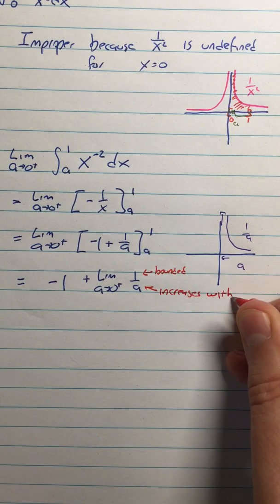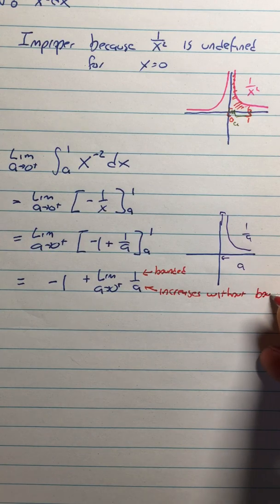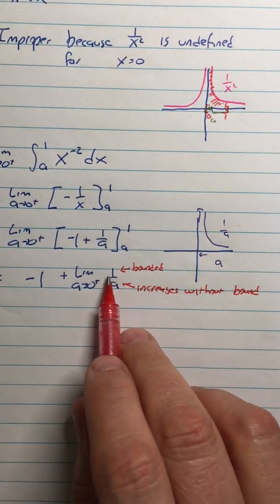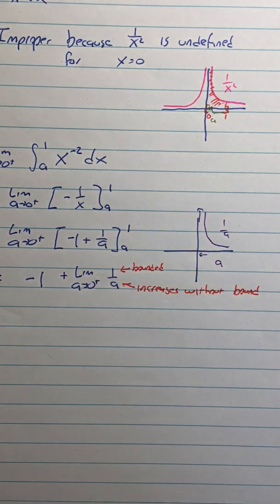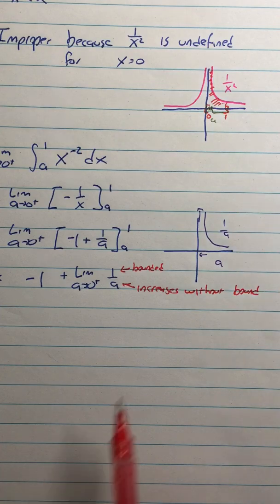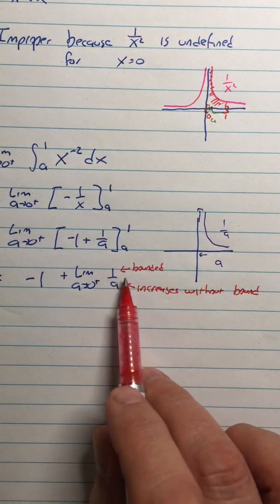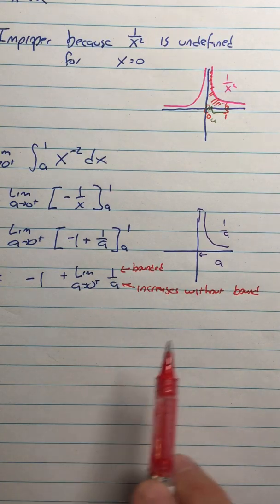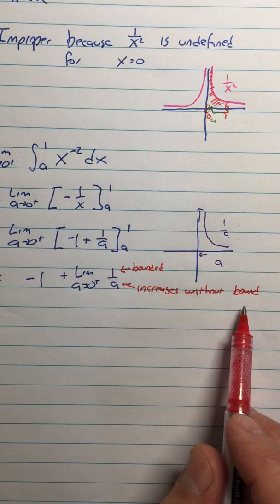That's a very fundamental idea: if I have a fraction where the numerator is bounded, in this case it's just 1. But for example, if the numerator is sine of x, then we know that can't get larger than 1. So that numerator would be bounded. But the denominator increases without bound.